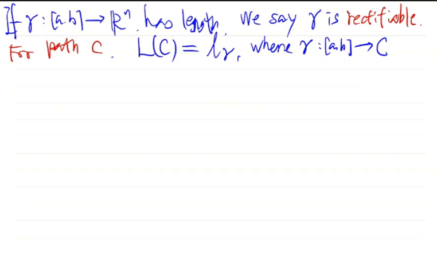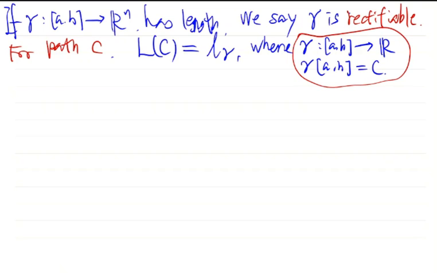Gamma is a patch which emerges C. Such a gamma is called the parametrization of our geometric patch C. Our previous lemma tells us that if another parametric patch eta is equivalent to gamma, then they have the same length. That means if you replace the parametrization gamma of C by another parametrization eta, they will have the same length.